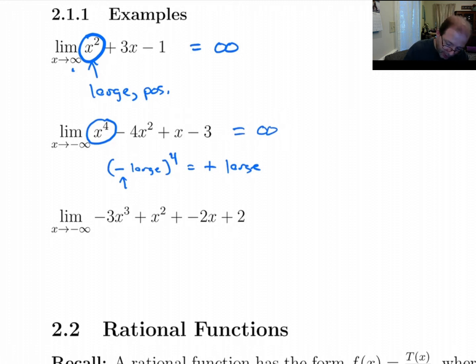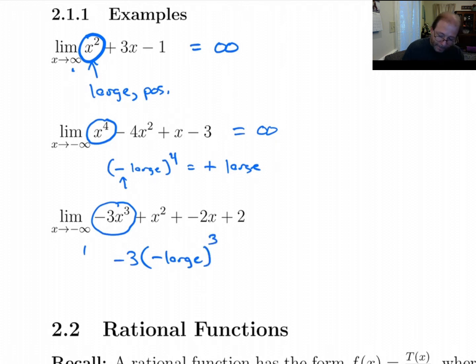Now this next one here, the leading term is negative 3x to the third. So as x goes to negative infinity, you have to think about what you've got here. We've got a large number cubed multiplied by 3. Actually, what I'm doing here is I'm thinking of the signs separate from the numbers.